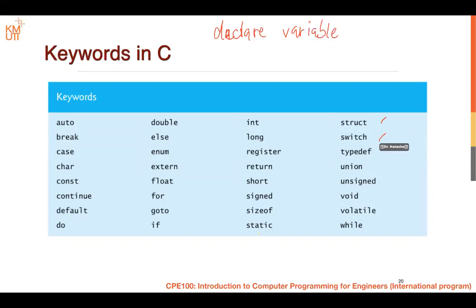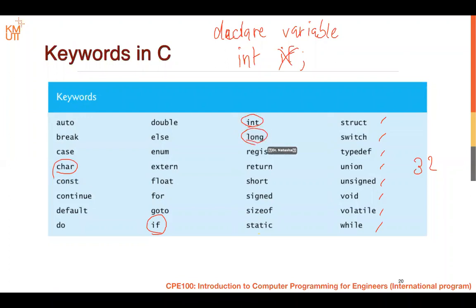We have 32 keywords here. For example, you cannot use if. You declare integer if? No, you cannot, because it is a keyword. Keyword means the words that are used for the C syntax. You cannot use char, int, long.